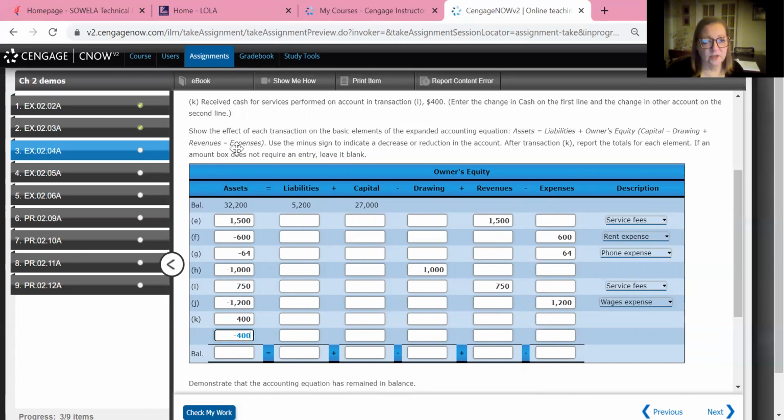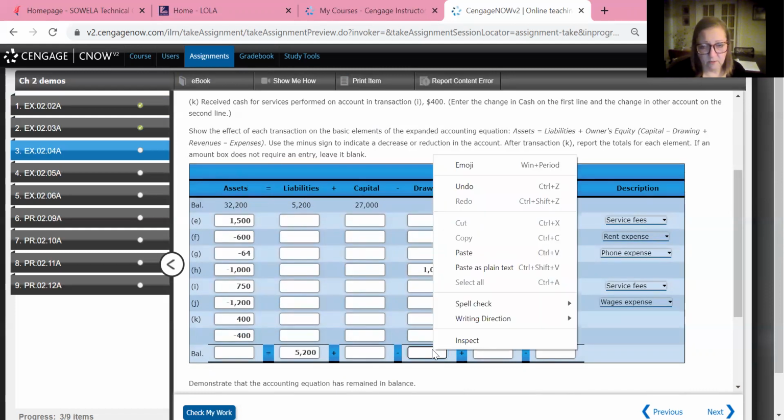So now what they want us to do is summarize what the totals are now. So take the easy ones first. Liabilities is still $5,200 because we didn't change it. See how all these entries that we made here are going to affect the bottom line balance? We started with these three balances. No balances in any of these three. So all of those, we can just tally up what changes we made.